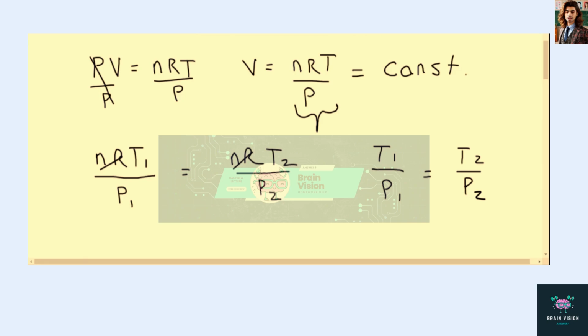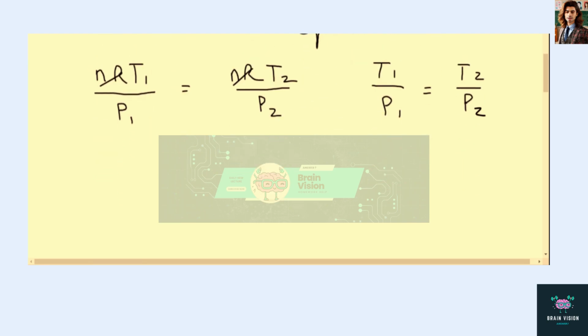Or since we're looking for the ratio of P final to P initial, or P2 to P1, we can solve for that. So if we cross multiply that equation, we'll have P2 over P1 equals T2 over T1. So for this setup, all we need is the initial and final temperatures to solve for this ratio here.